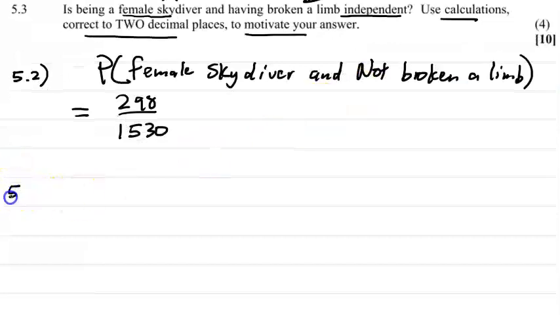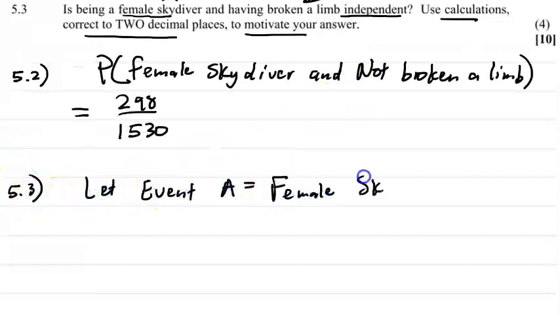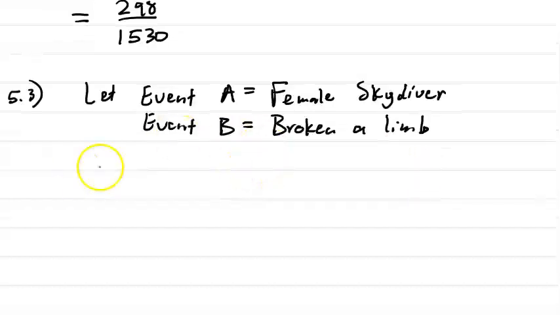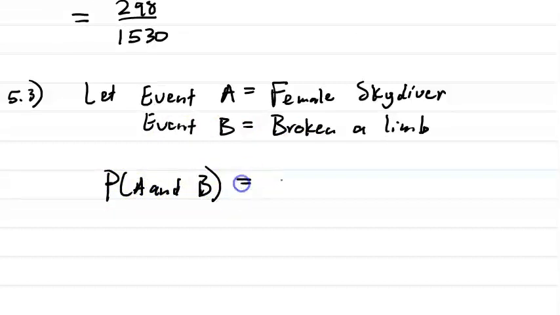For 5.3, we have to look at whether the probability of A and B is equal to the probability of A times the probability of B. If this statement is true, then the events are independent.